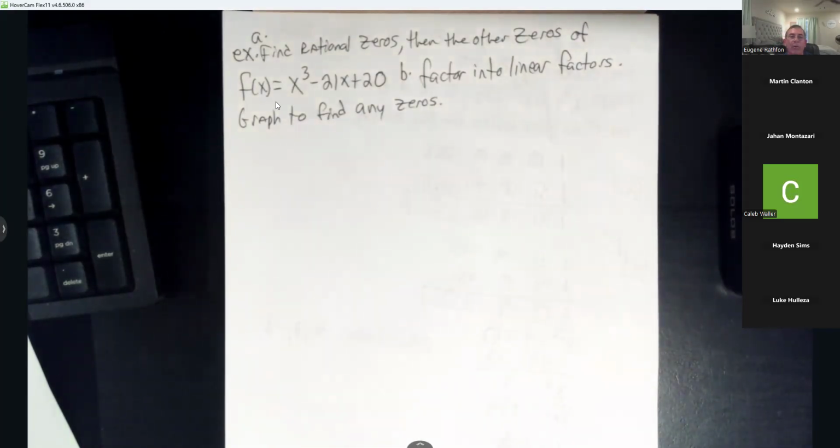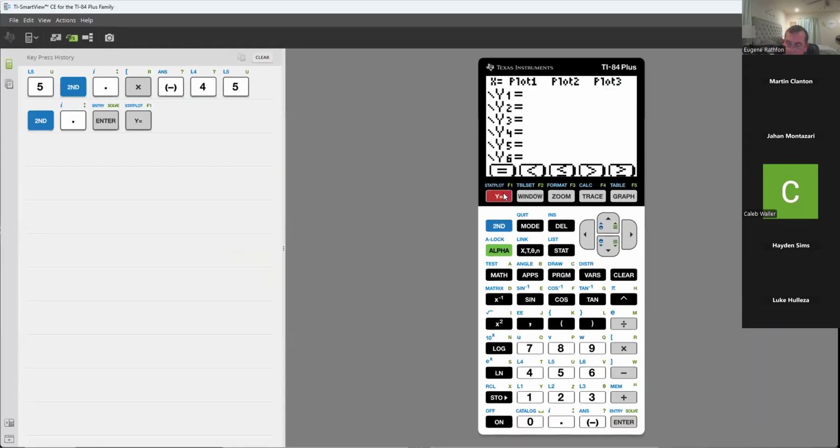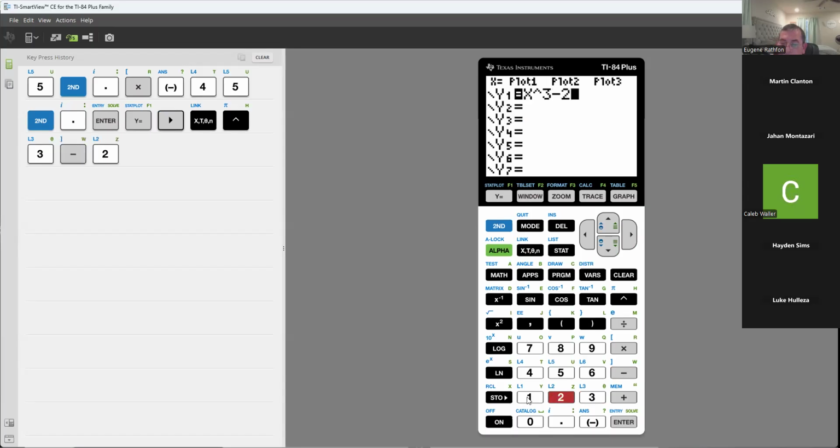So y'all, let's go to y equals and graph this little polynomial. So we had x to the third, so that'll be x exponent 3, minus 21x, and then plus 20.